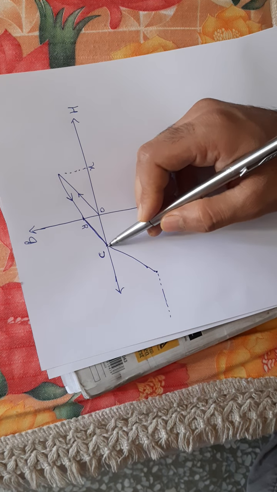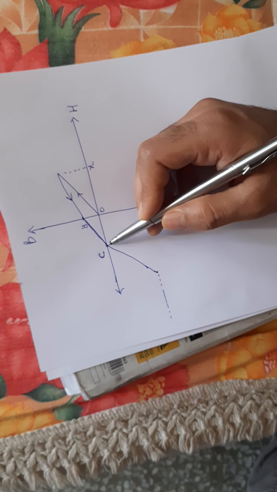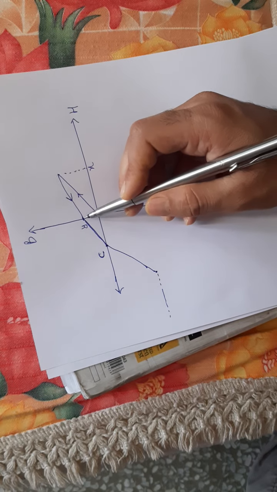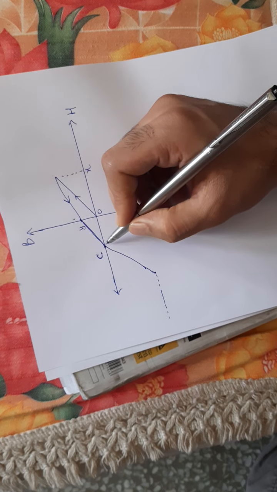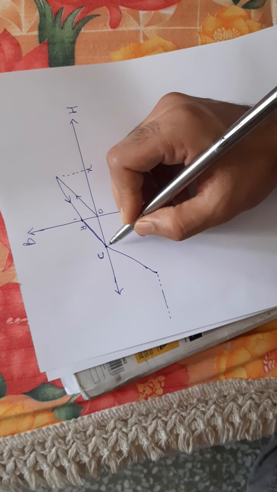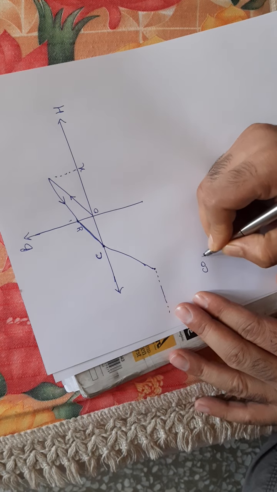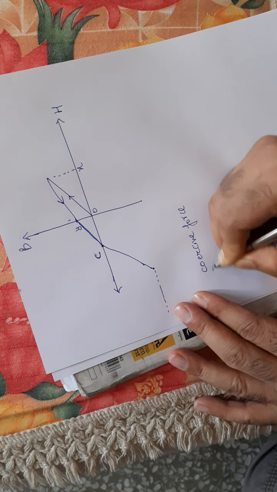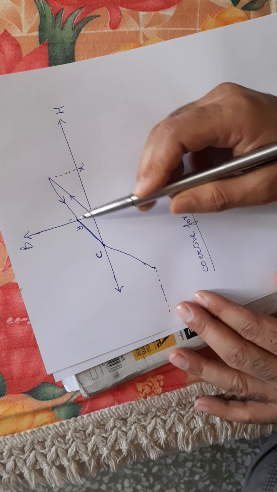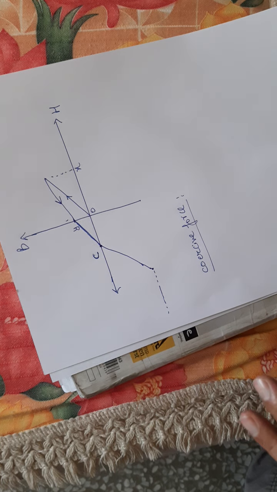The force or MMF H that is required to reduce the residual magnetism OY in a material to 0 is called coercive force. What is coercive force? It is the MMF that is required to reduce the residual magnetism in a material to 0.